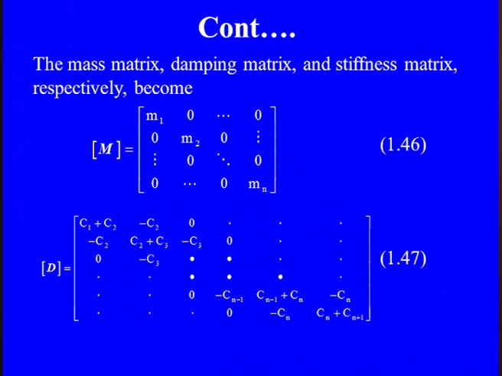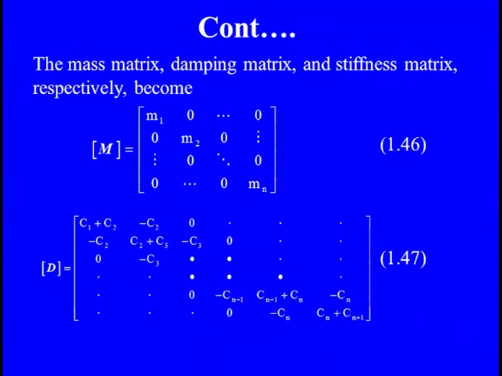The motion of the first mass is constrained by both C1 and C2, so on your screen, in equation 1.47, you can see C1 plus C2, on the other side minus C2, and if you are going towards the mass M2, then you have minus C2, C2 plus C3 and minus C3. Similarly, if you go further, we can find that all the damping parts come exactly in a positive manner when we are moving along the diagonal of that matrix.